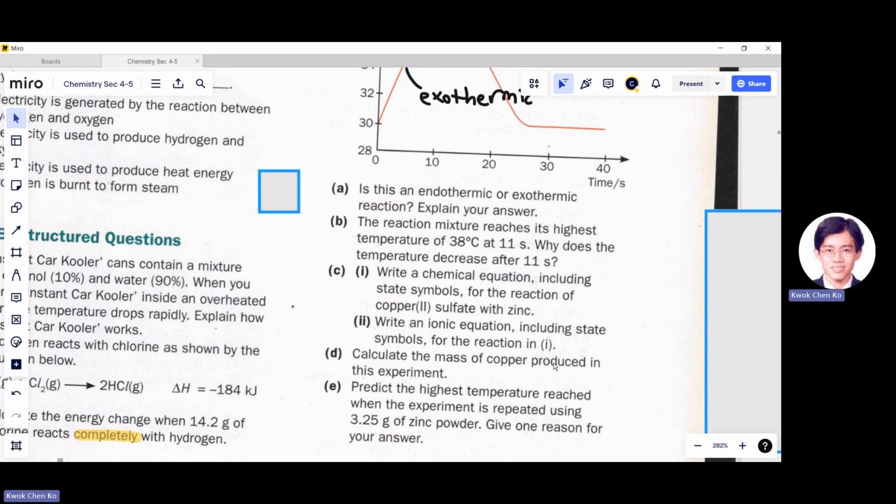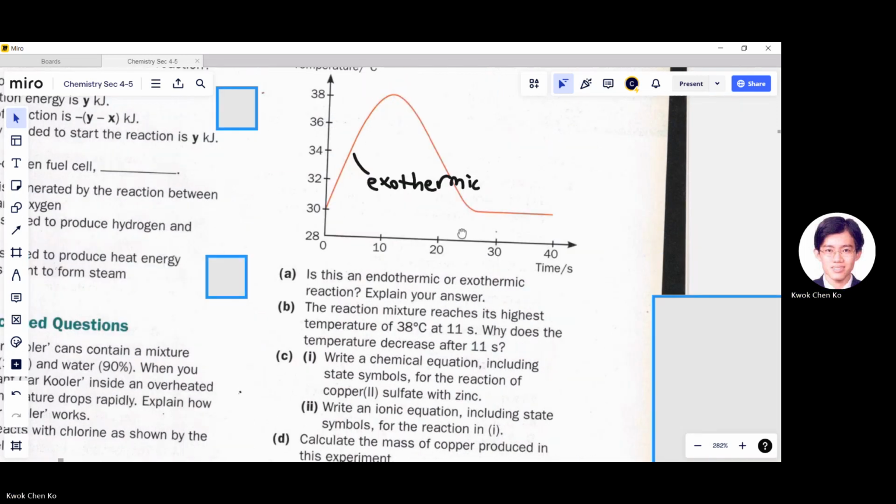Ionic equation: Cu2+ SO4 2- plus Zn. The SO4 2- cancels, so you get Cu2+ plus Zn gives Cu plus Zn2+, with state symbols.